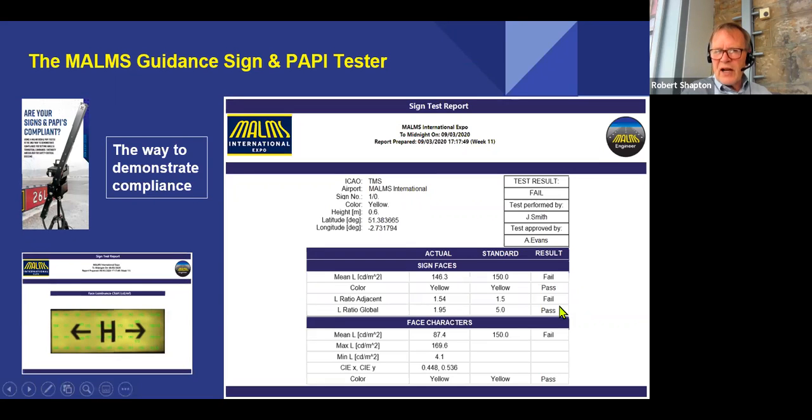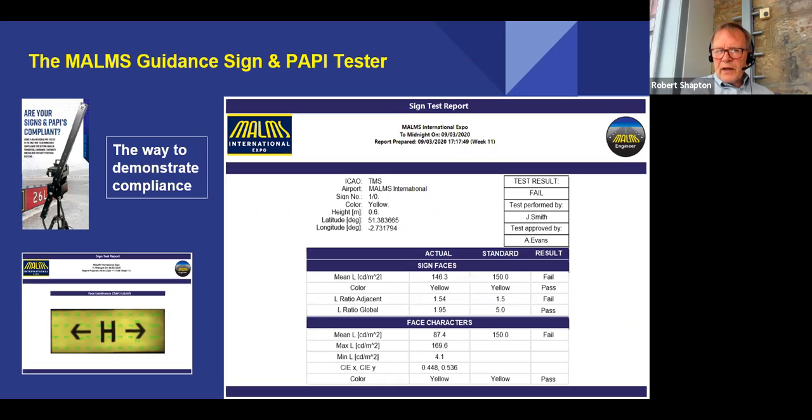We don't set these standards, and most importantly, they're not there for general conditions when you're driving around an airport in good visibility. They're there for low visibility conditions, and that's where these factors of uniformity and the background luminance come into play, to make the sign conspicuous, which is what it's there for.